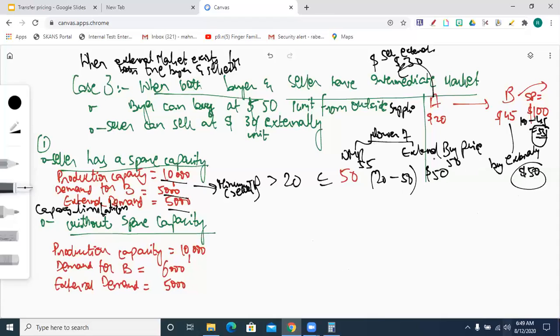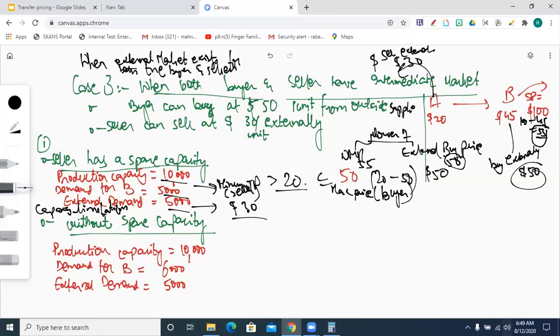So the lower of both is going to be the maximum set by the buyer. The minimum transfer price is always set by the seller and the maximum is set by the buyer. Always remember these rules. And the same 5,000 we can sell externally at 30, and there will be no lost contribution.